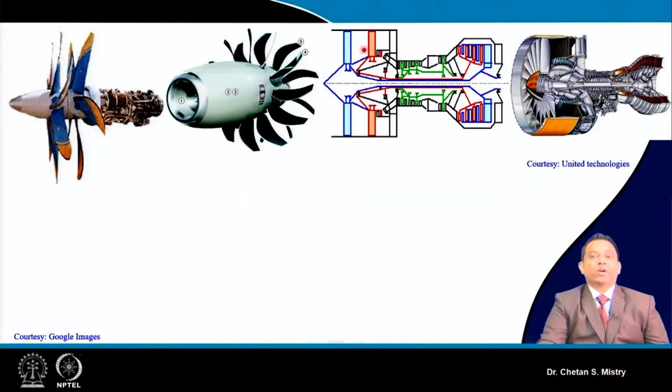This blue and orange are giving us the counter-rotating configuration. Here we will have our main fan rotating in counterclockwise direction, and at the same time our turbine also rotating in the opposite direction. So we have a counter-rotating fan and a counter-rotating turbine.